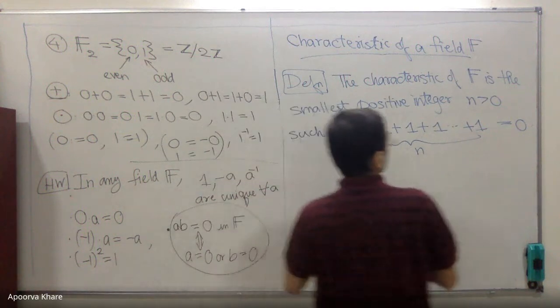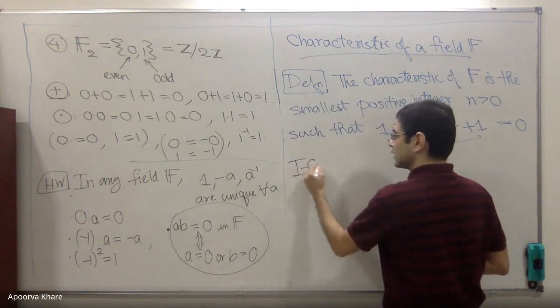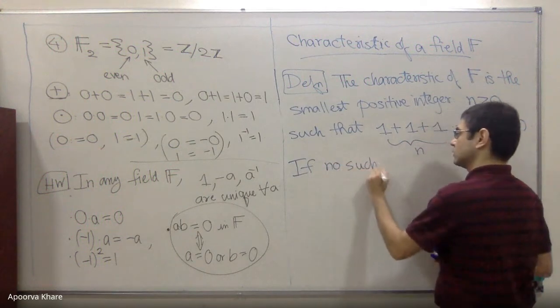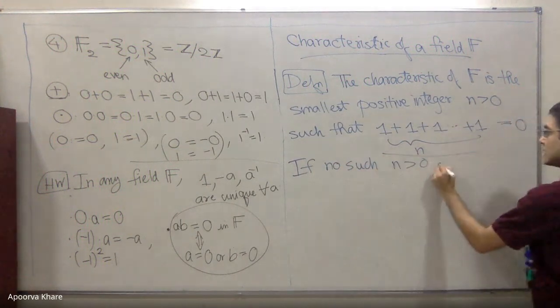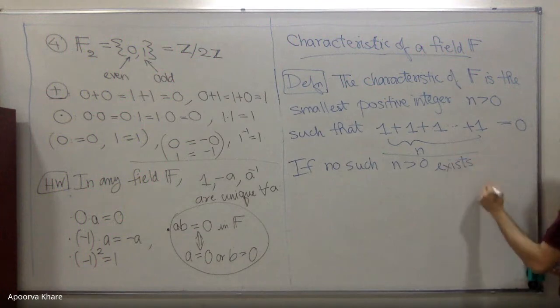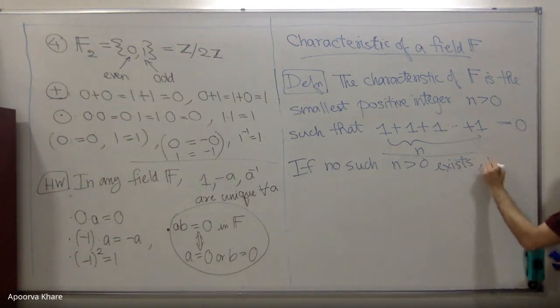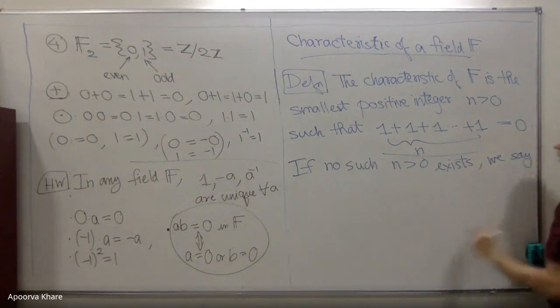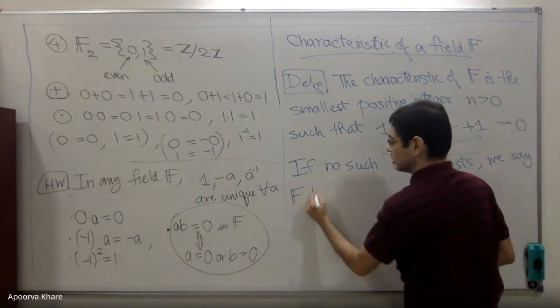Let me write that down. If no such n bigger than 0 exists, we say F has characteristic 0.